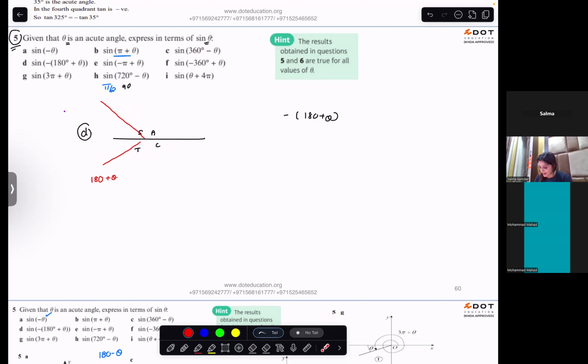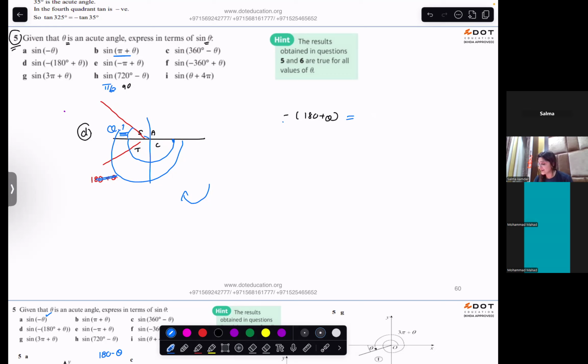But since I'm going anti-clockwise, I will start from here, come over here, and this is 180, then 180 plus theta. Since I'm going in the anti-clockwise direction, this represents the acute angle with the x-axis for minus 180 plus theta.